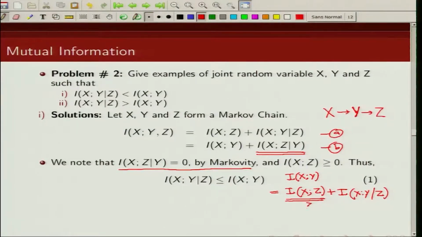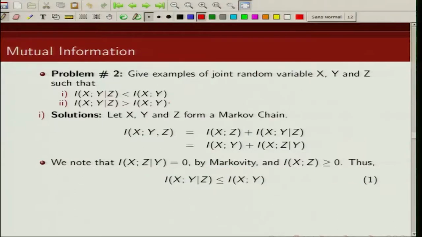So this quantity is greater than or equal to 0. So what have we proved? We have shown that the mutual information between x and y is greater than or equal to the mutual information between x and y given z. So this we have proved.